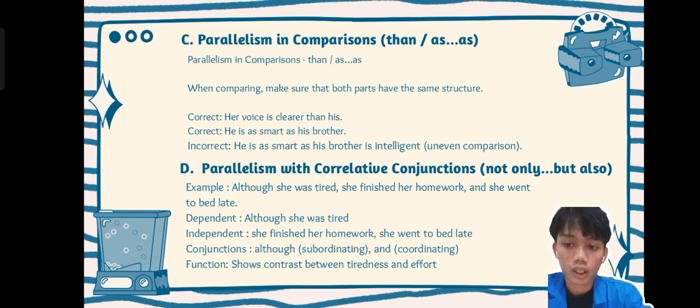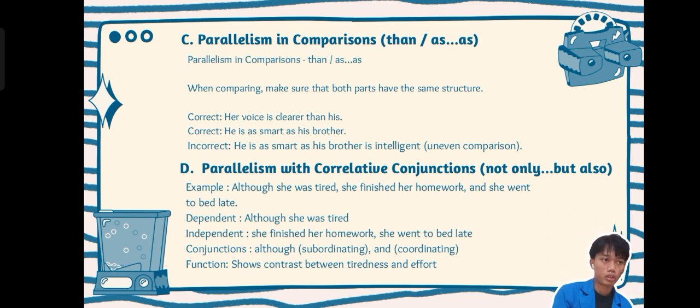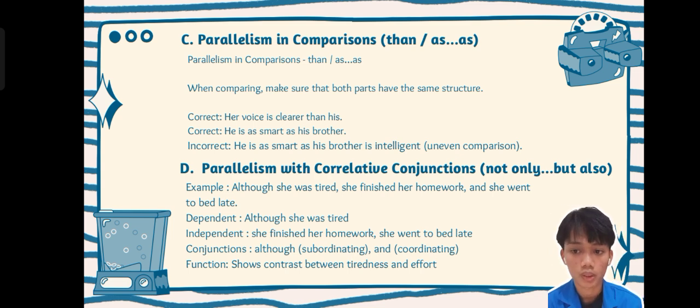Incorrect: He is as smart as his brother is intelligent. The last one is confusing because it uses different adjective forms, which breaks parallel structure. Keeping similar grammatical patterns ensures smooth and logical comparison.